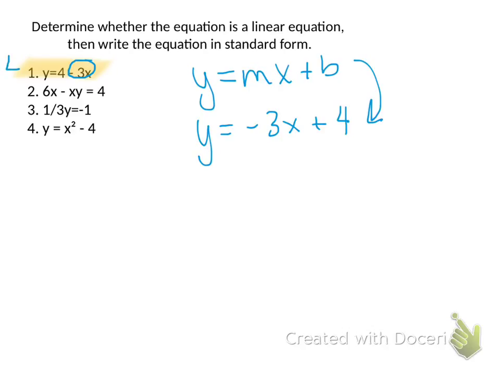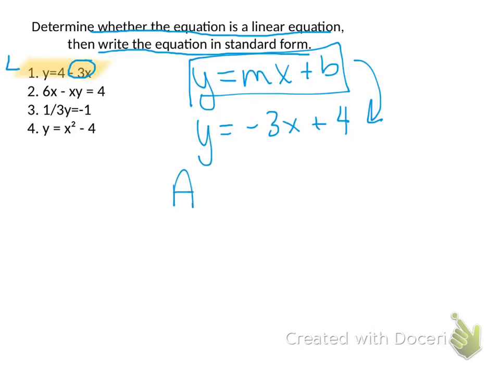Now notice in the directions it says, determine whether the equation is linear, then write the equation in standard form. This is not standard form. That was called slope-intercept form. In order to get it into standard form, it's going to need to look like ax plus by equals c.